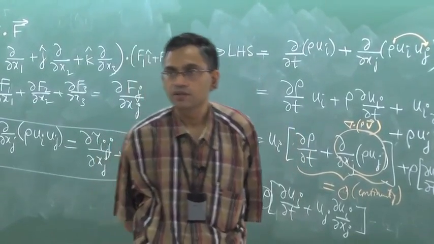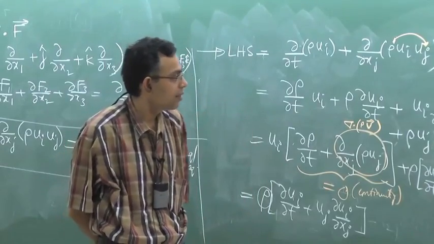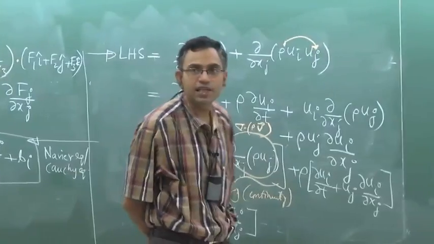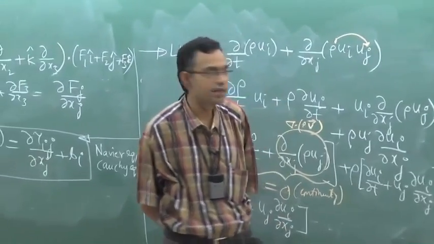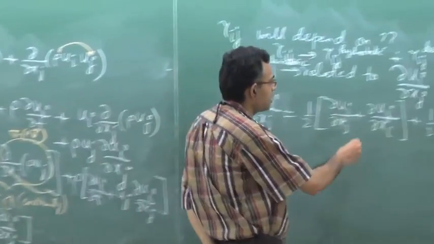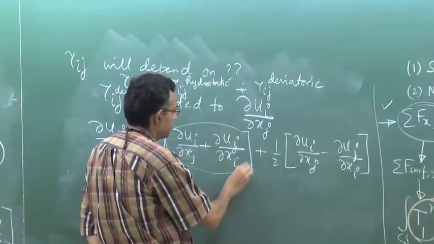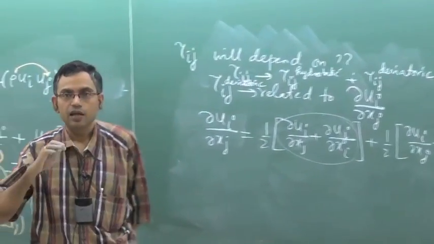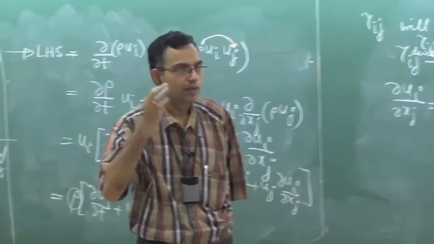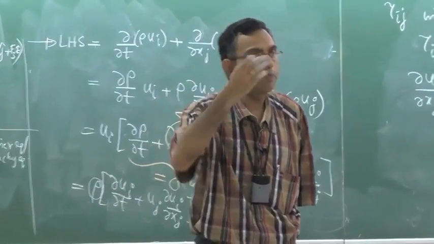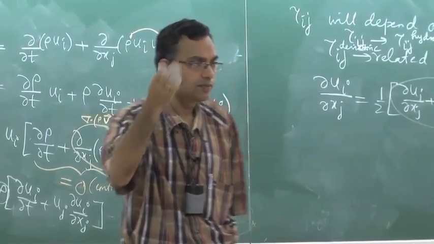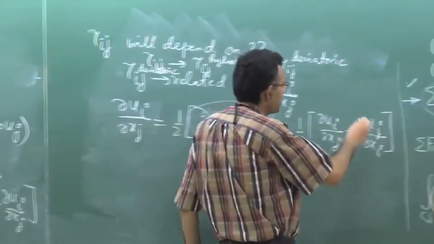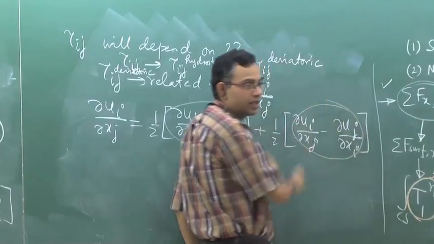Okay. So why have we written this? Because there is a physics that is associated with this equation. What does it represent? This is shear deformation, like del u del y plus del v del x, right? Shear deformation. And what does this other term represent? Rotation.